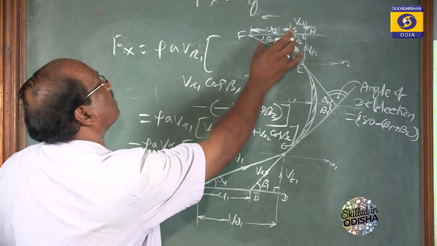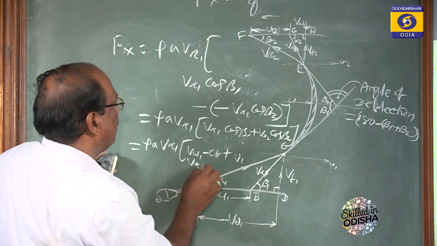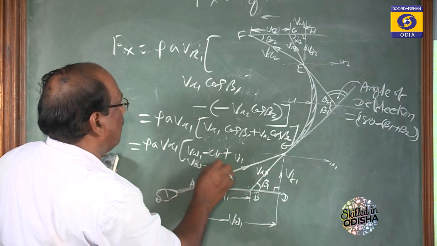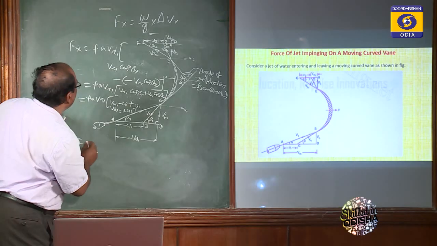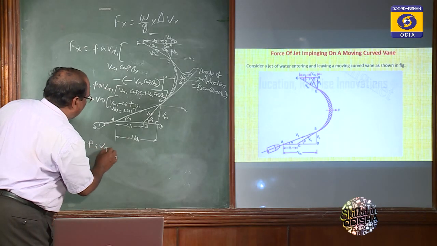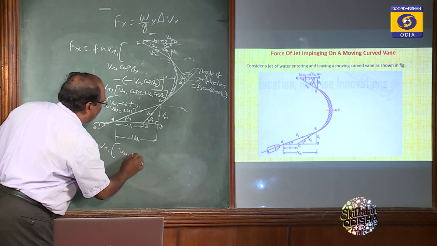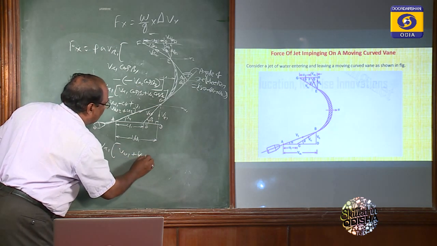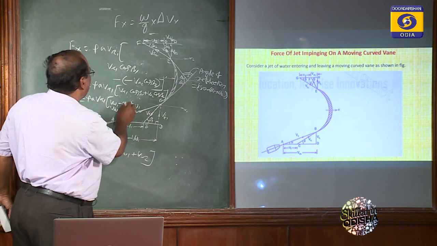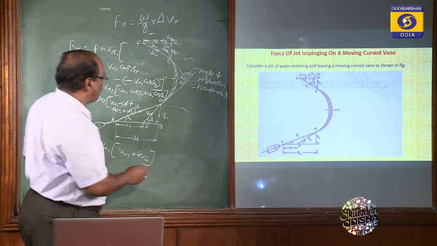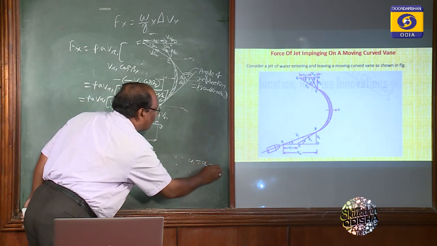So VR2 cos beta 2 equals U2 plus VW2, or VW2 plus U2. So this equals rho A VR1 into VW1 plus VW2. U1 equals U2 equals U.